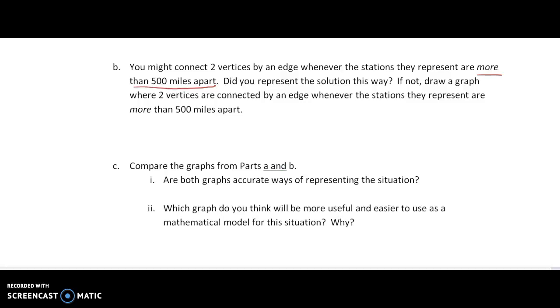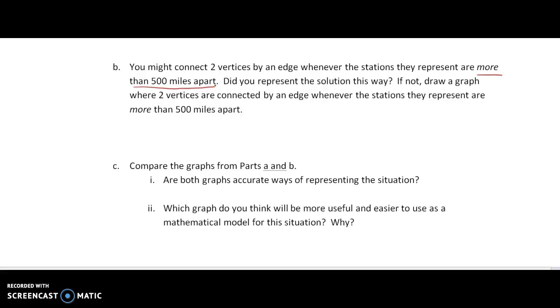And as I talked to you about in 4C, using the Pythagorean theorem to help you decide whether two vertices were 500 miles or less or greater, we used the example of vertices X and Z. And so we figured out that X and Z were within 500 miles. So we connected them in 4C, which is the same as 6A.